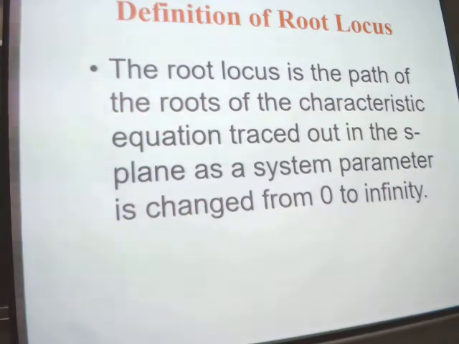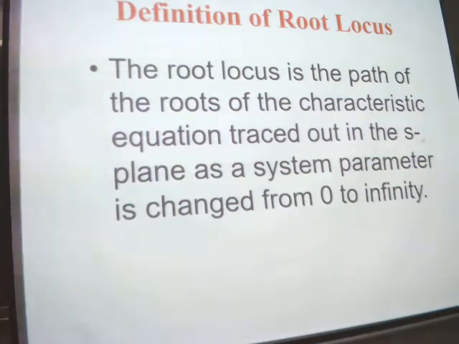So, we should give the definition of root locus. The root locus is the path of the roots of the characteristic equation traced out in the S-plane as a system parameter is changed from 0 to infinity. That is to say, when the parameter is changed from 0 to infinity, the roots will also change with it.